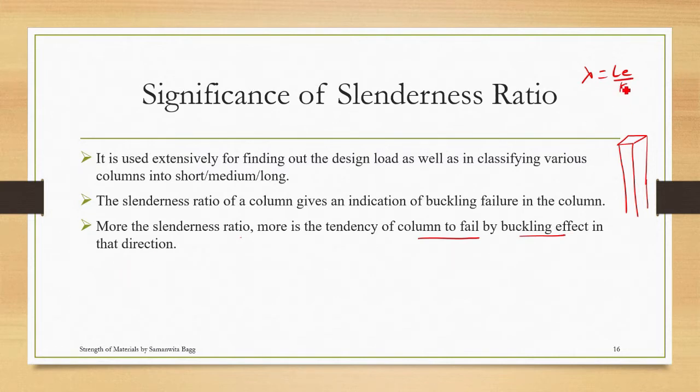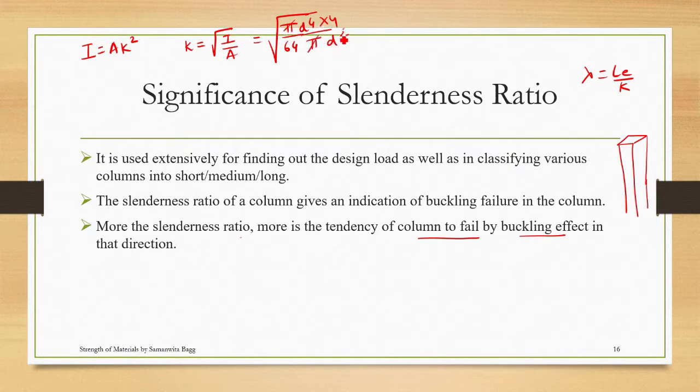Similarly, if the value of K reduces, then the lambda value again increases. In case of this value of K, radius of gyration, we are already aware of the formula: I is equal to A K square. We also know that K is equal to root of I upon A. So suppose the cross section is circular, then the formula for I is pi by 64 d raised to 4, and the area's formula is pi by 4 d square.